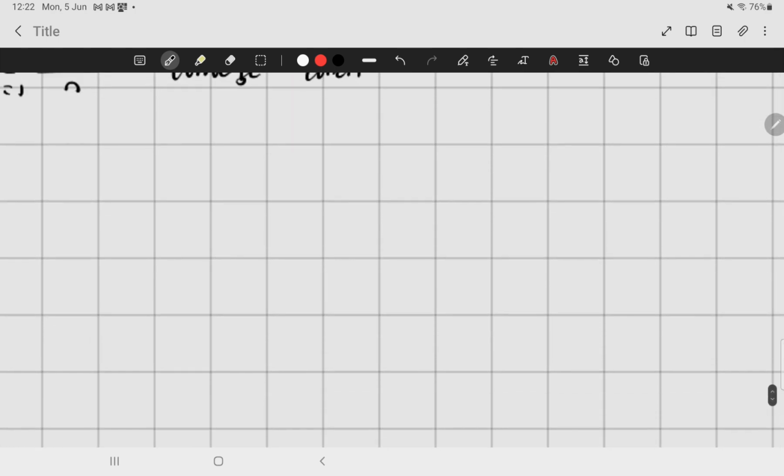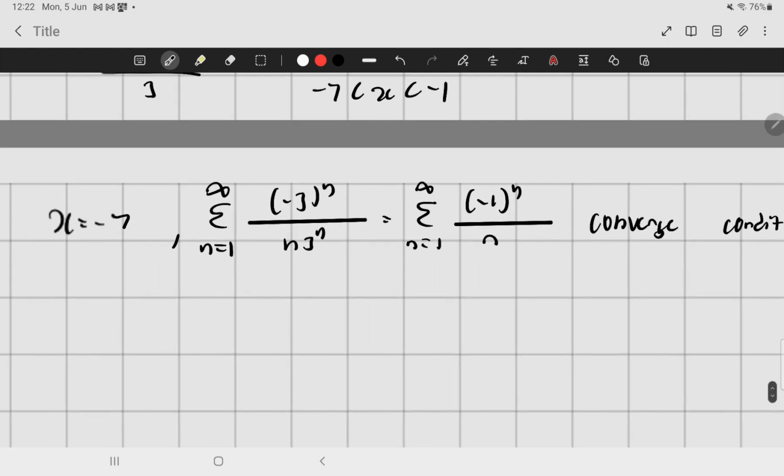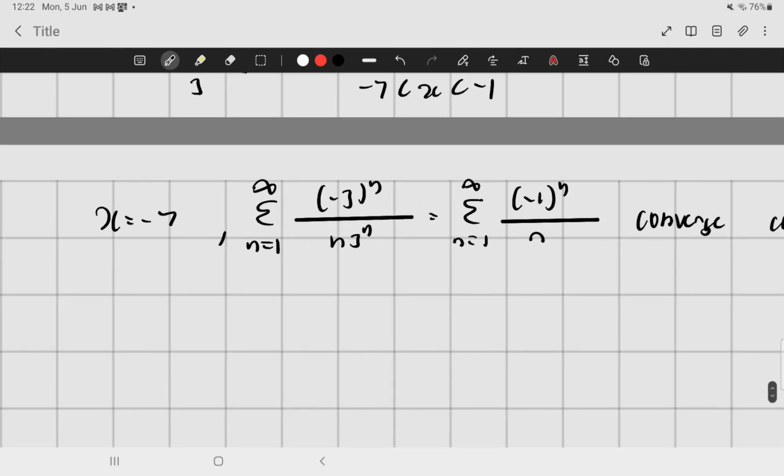Here we don't need to show it because I assume all of you know how and why it converges conditionally. If you want to know why, you could try putting absolute value. When you put absolute value, it diverges, but when you apply the alternating series test for the original series, it converges. Therefore, it converges conditionally.